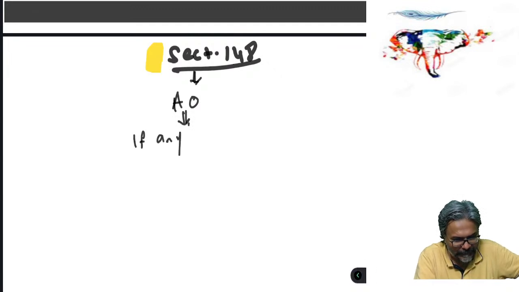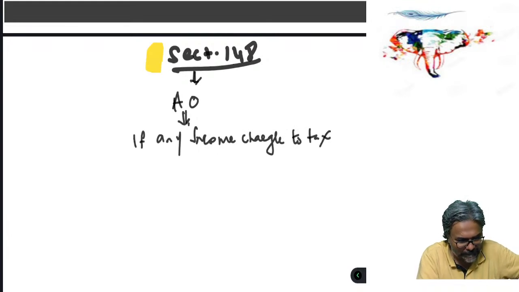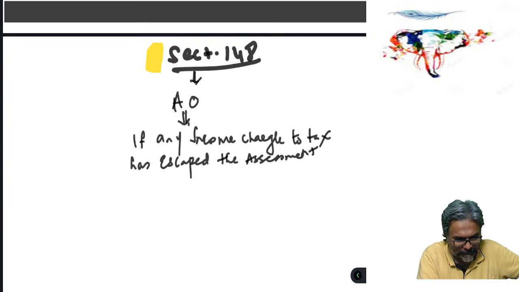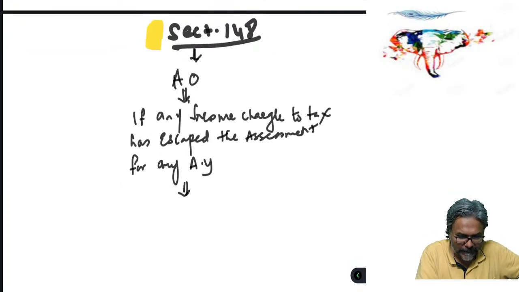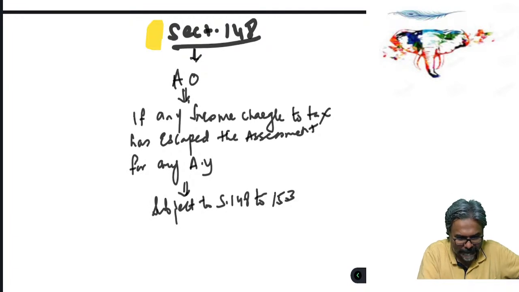If any income chargeable to tax has escaped assessment for any AY, then subject to sections 148 to 153, what can the AO do?